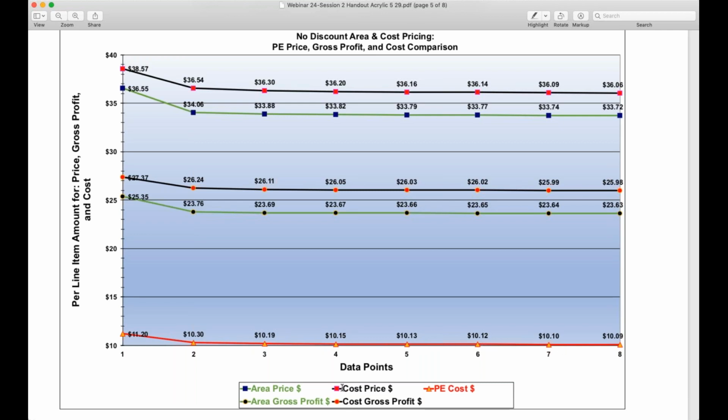The black lines are the cost price, which is up here at the top, and the cost-based gross margin, or the gross profit. The green is the area-based price and the area-based gross margin. And then all of those are measured against the cost. So that's no discount.